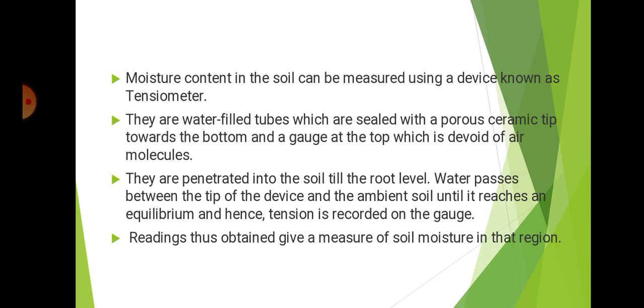They are penetrated into the soil till the root level. Water passes between the tip of the device and the ambient soil until it reaches an equilibrium and hence tension is recorded on the gauge. Readings thus obtained give a measure of soil moisture in that region.